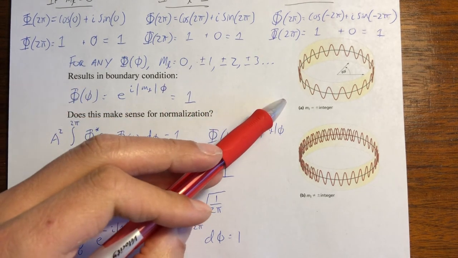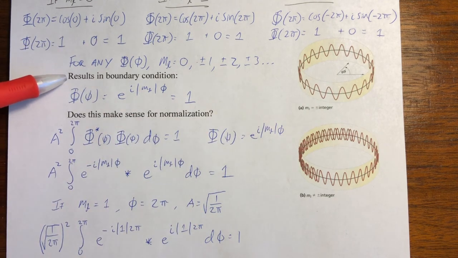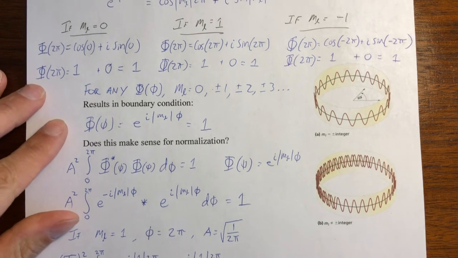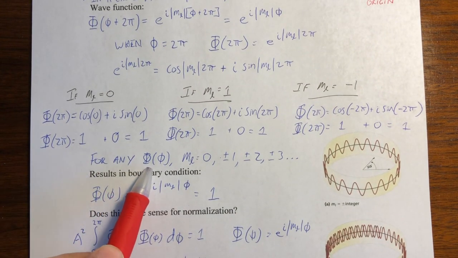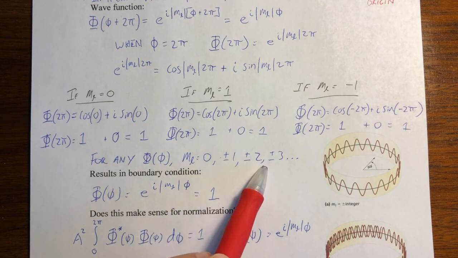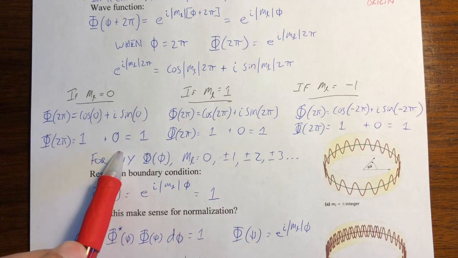So let's now bring this back and extrapolate and show that this brings us to a boundary condition. For any value of the wave function based on phi, our m sub l values have to be a positive or negative integer. And as we saw up here, this always results in the wave function being equal to 1.